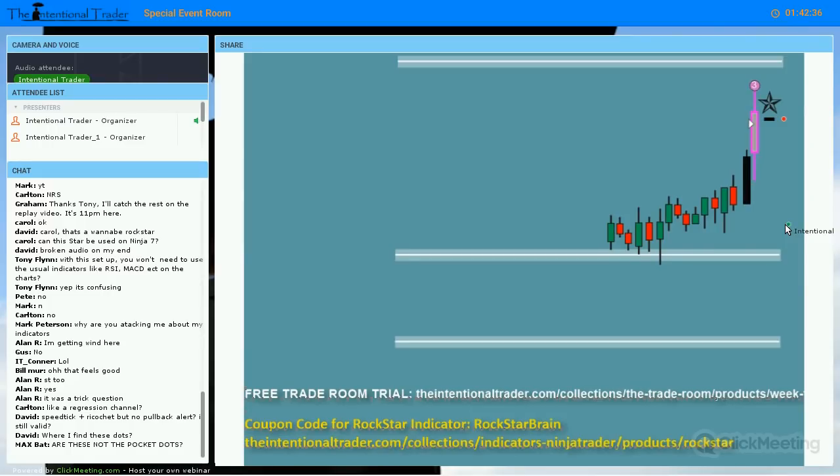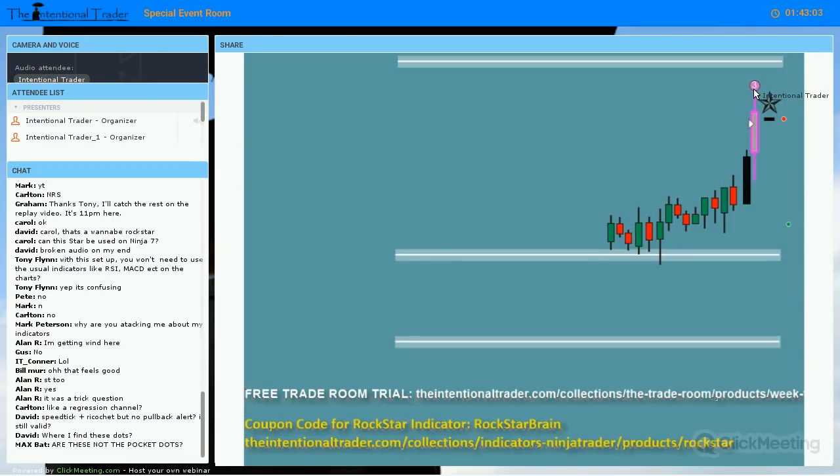They give you a dot and a square and a line and a diamond, and I guess I could use diamonds. We may find out that diamonds are easier to look at here. We might switch it to a diamond. I'm just using dots now as a point of reference. So this is going to qualify for me in the trade room.